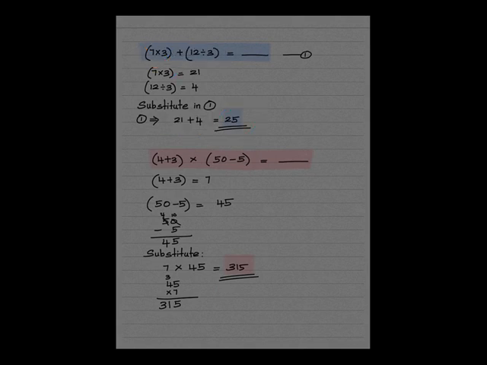Okay, in the next problem, first expression is an addition, 4 plus 3, and the second expression is a subtraction, 50 minus 5. Okay, and the sign that we have in the middle is a times sign. 4 plus 3, we know it is 7, and 50 minus 5, we know it is 45.